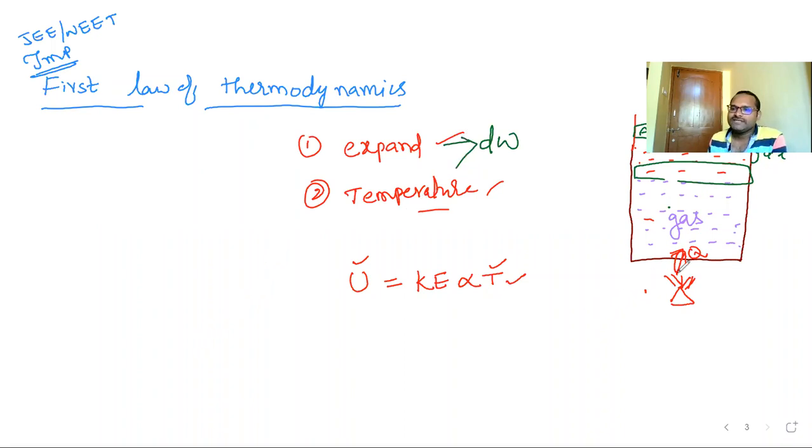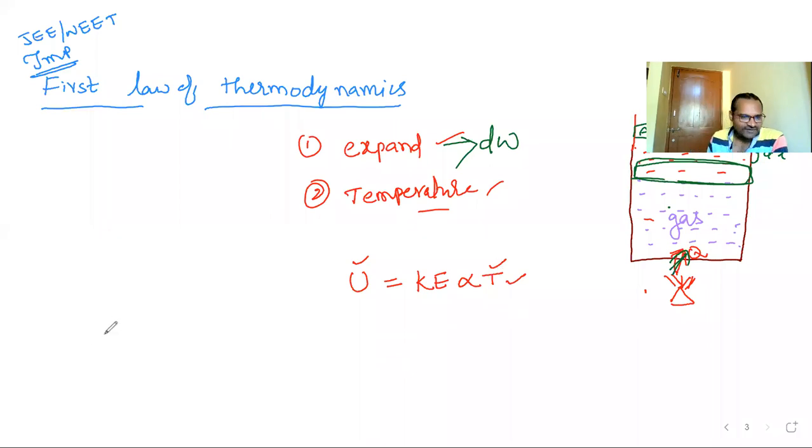Means whatever heat energy you are supplying to the gas, that heat energy is utilized in increasing the internal energy of the gas, and the remaining amount of heat energy will be utilized to perform work on its surrounding. This piston is the surrounding which is in contact with the gas. On that surrounding, this gas will perform some work.